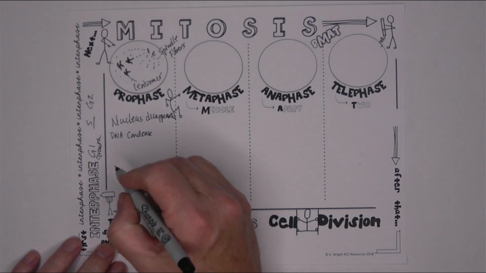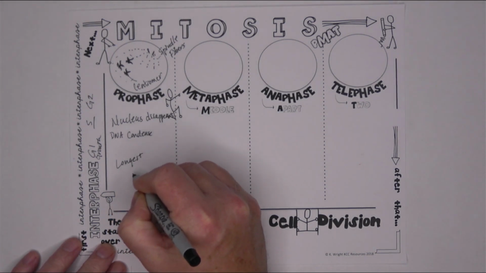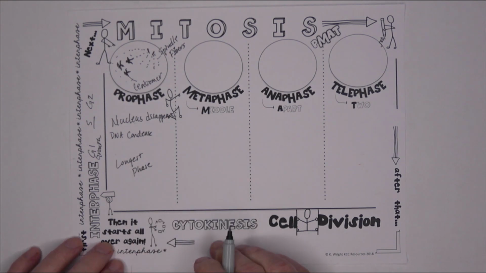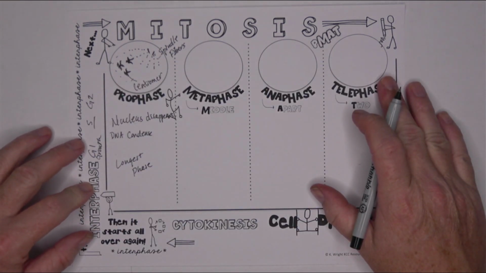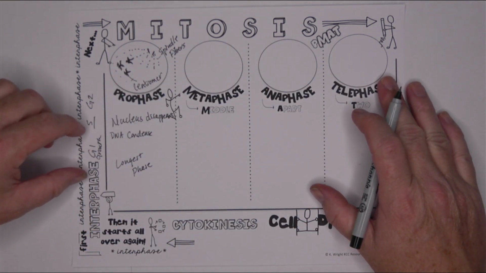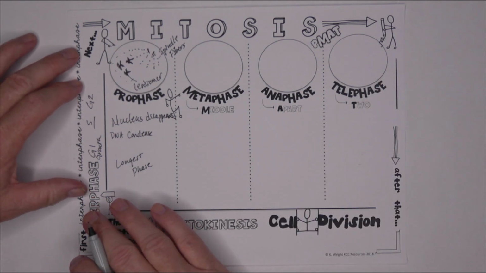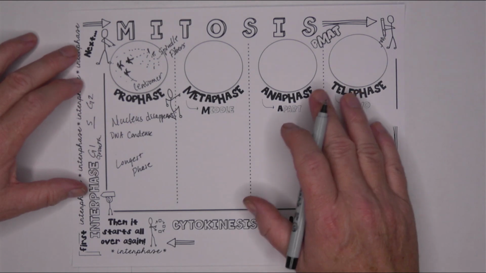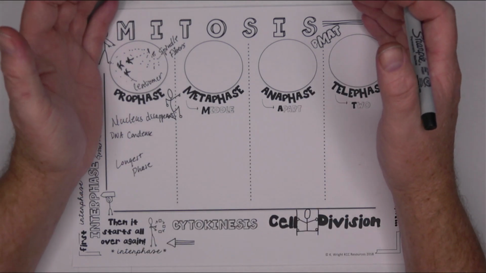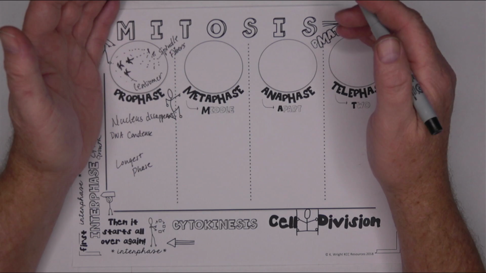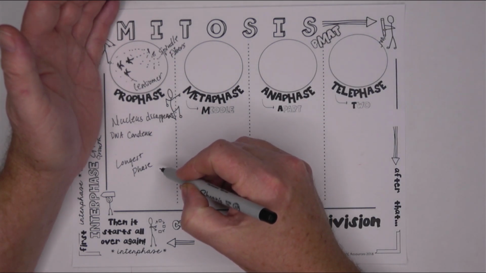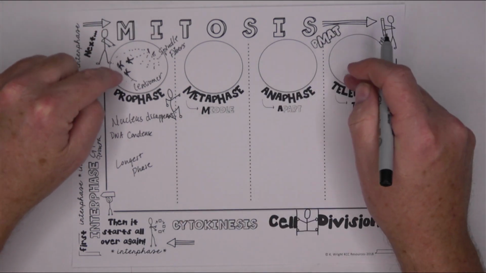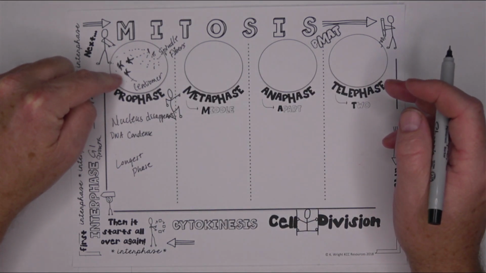Interphase is the longest phase of the whole cycle, by far: 90-95% of the time the cell is in interphase. It's only a very small fraction of the time that the cell is doing the actual division of the nucleus, with prophase being the longest part of that four-step phase.